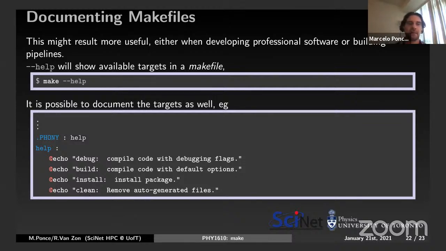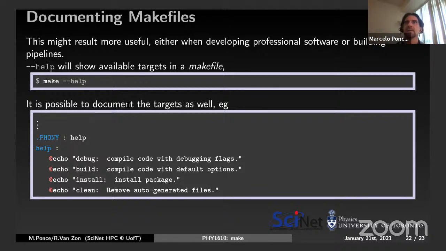And again, coming back to Alvin's question, what the @ is doing here is just executing the command but not printing the command on the screen. So you will see only the result of the echo command but not the echo command itself. So this is a very simple way to document your Makefile. We encourage you to do this, but of course there are more elegant ways.